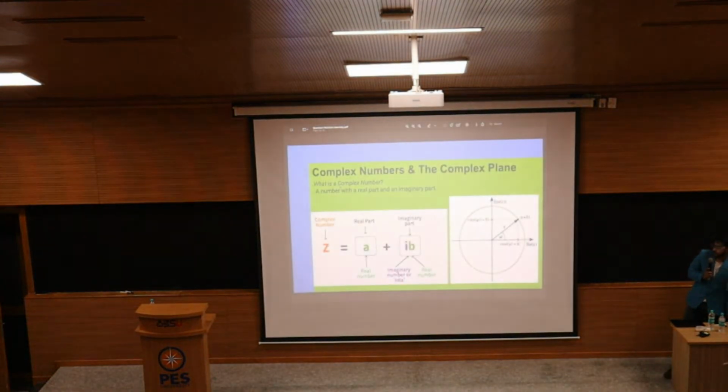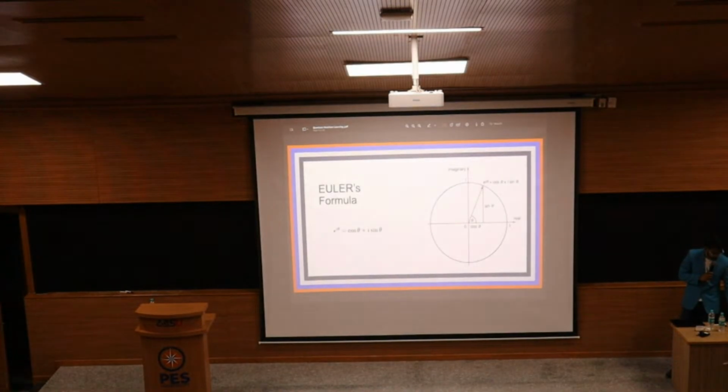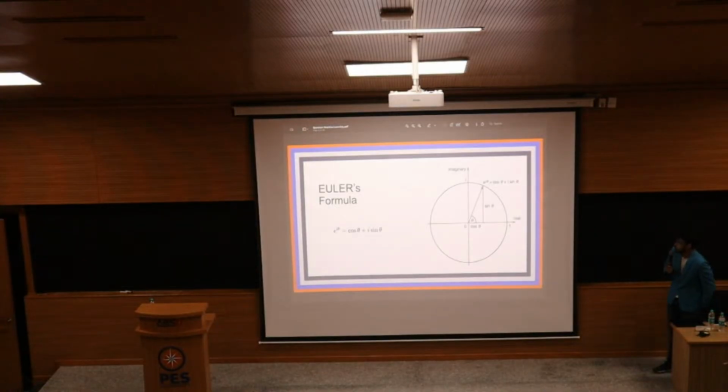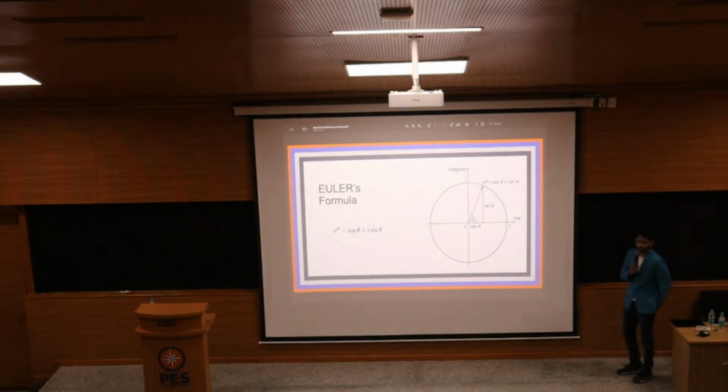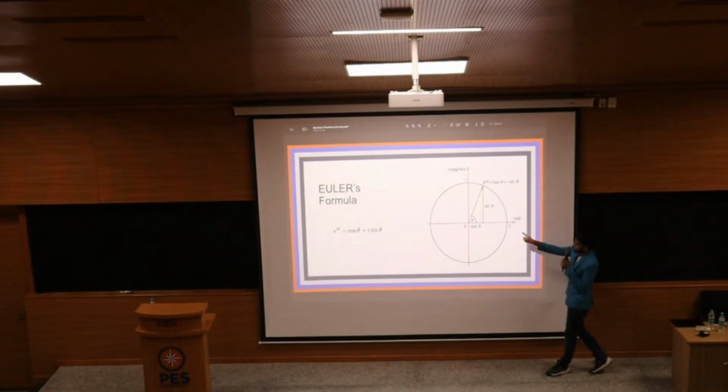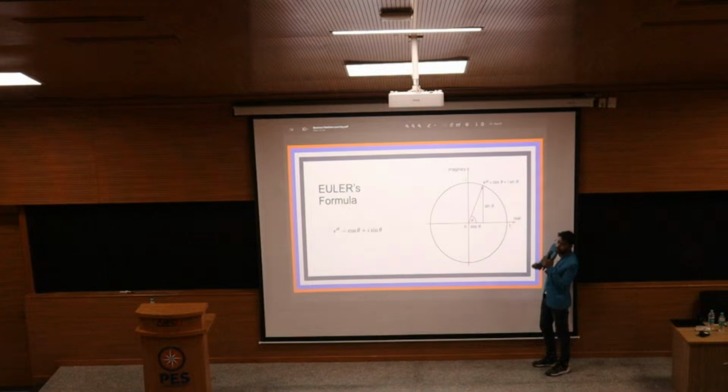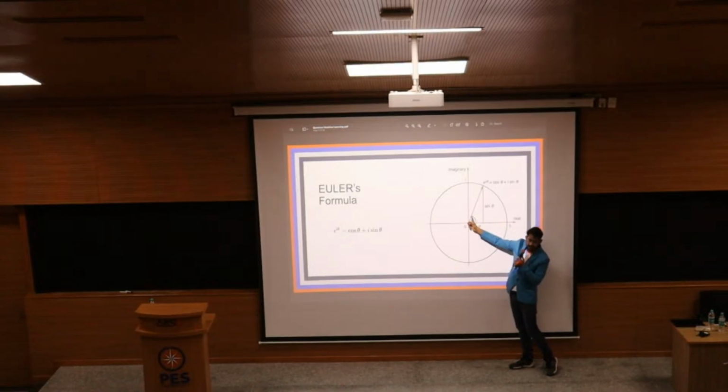Any number in this 2D complex plane can be represented as a complex number, and then you have Euler's formula, where if you have a unit circle on this complex plane, every point on this unit circle can be represented by e to the power iota theta, where theta is the angle it makes with the x-axis.